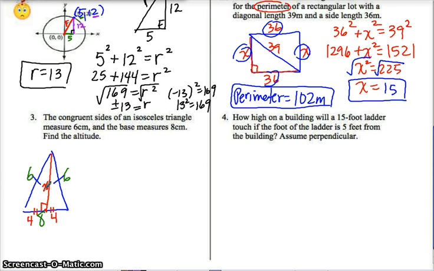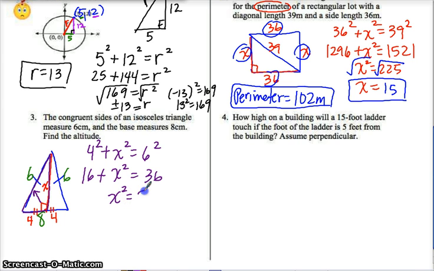I'm trying to find the length of the altitude. So again, hopefully you can see your right triangle right here. We have a length of 4 for a leg, a length of x as a leg, and 6 is the hypotenuse. It's opposite the right angle. So I have 4 squared plus x squared equals 6 squared. 6 squared is 36. 4 squared is 16.